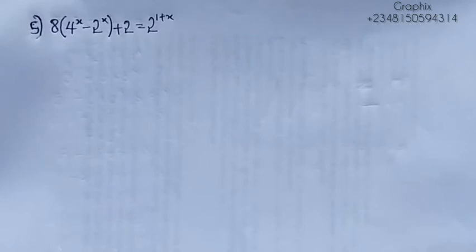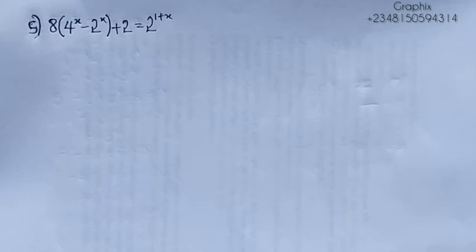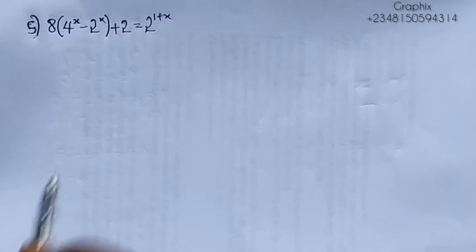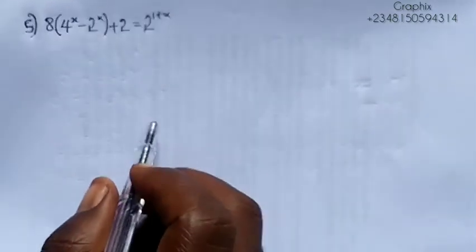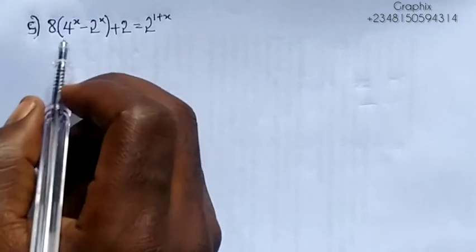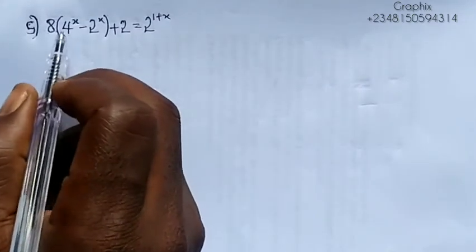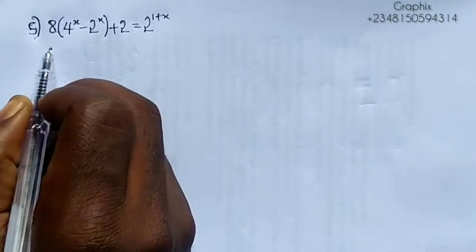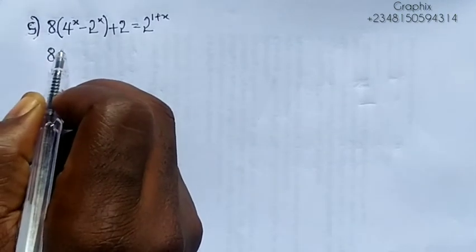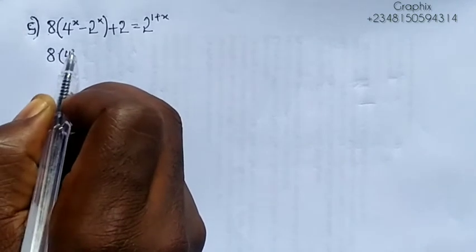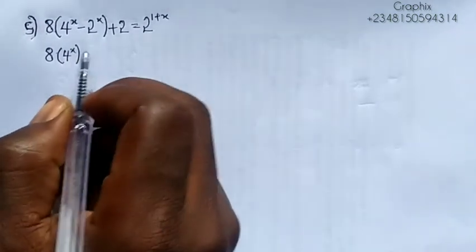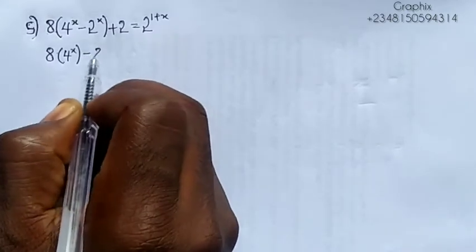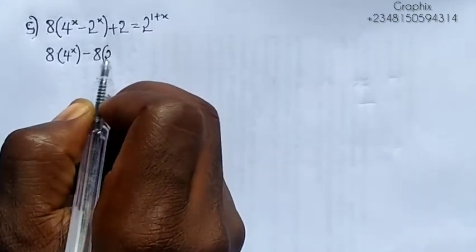Next example will be this. You can pause the video and do this for yourself. So now, first of all, I expand. So by expanding, I'll be having 8 times 4 raised to the power x. Since they are not the same, this has the power of x, so it will just be 8 times 4 raised to the power x, minus 8 into bracket 2 to the power x.